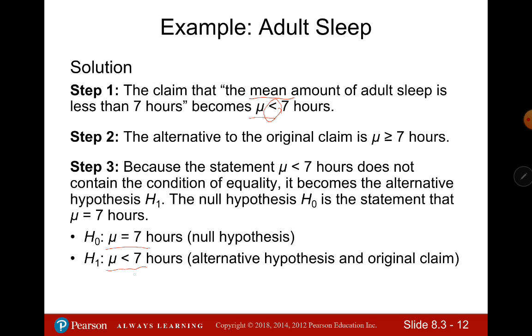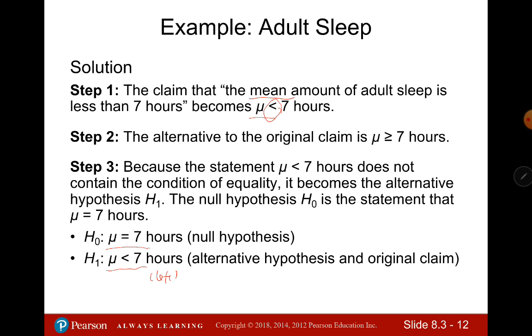Okay, and we know mu less than 7 is our alternative. Then we will ask ourselves the question, is it the one-tailed test or two-tailed test? Is it left side or right side? It's less than, so we know it goes to the left. So I will put left here to remind myself it's just the one-tailed test.